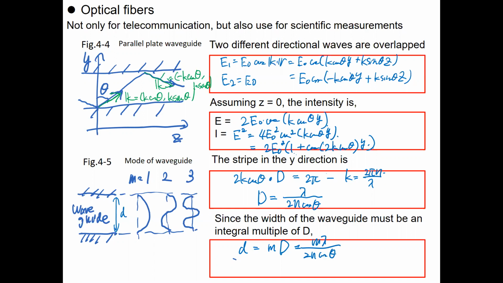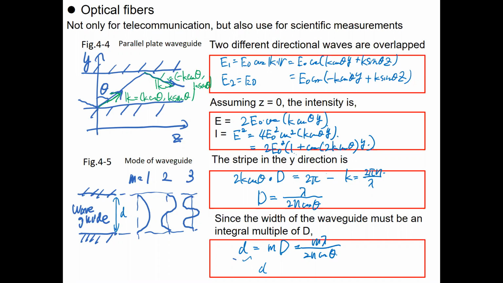In any case, probably when you use the optical fiber, at first d is defined, right? So d has been decided, and then the number m and theta are fixed depending on the wavelength. That determines what kind of light can go into the optical fiber.